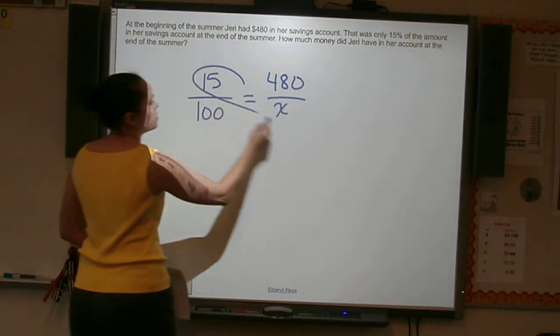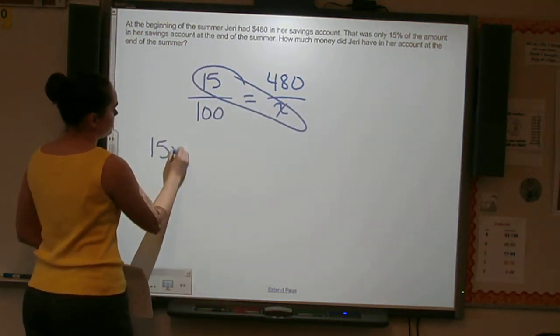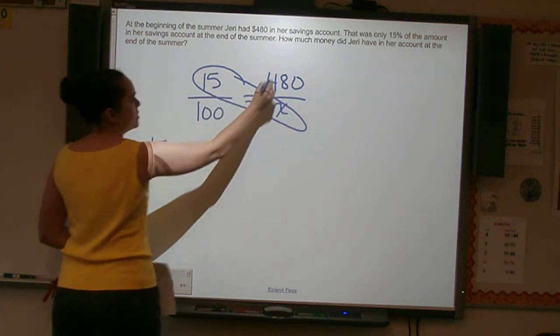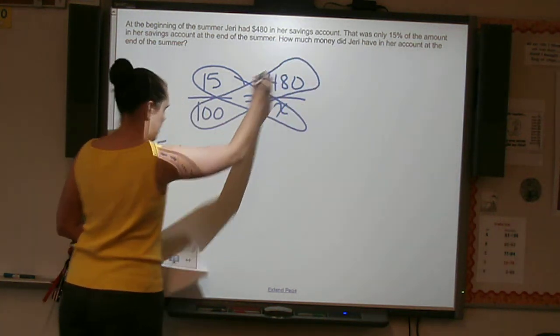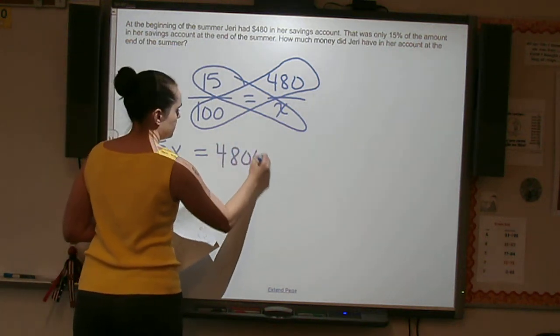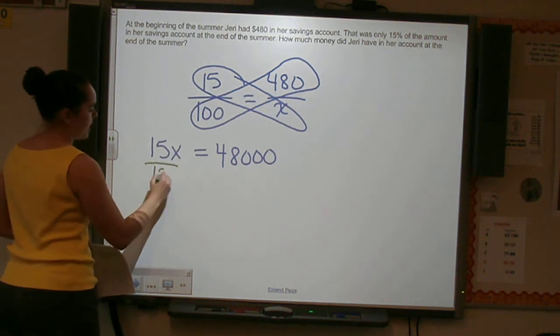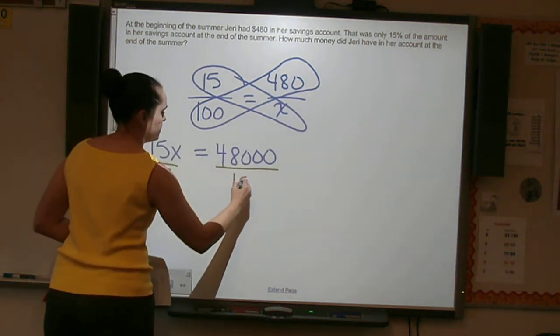So we're going to cross multiply. 15 times x is 15x equals 100 times 480 is going to give us 48,000. Okay. And then we're going to solve for x by dividing both sides by 15. Okay.